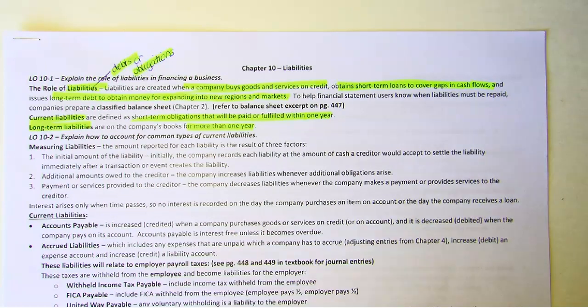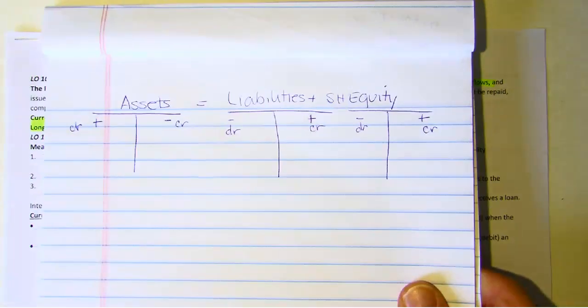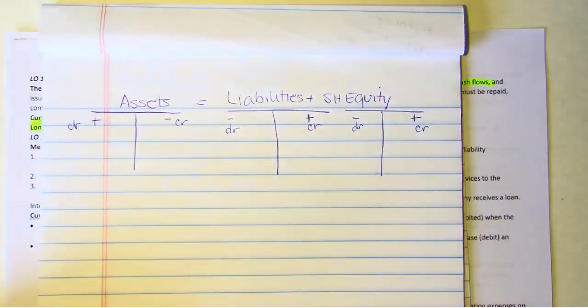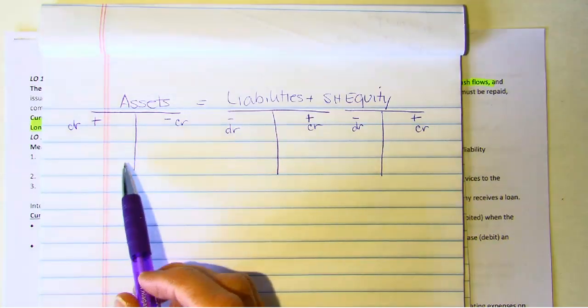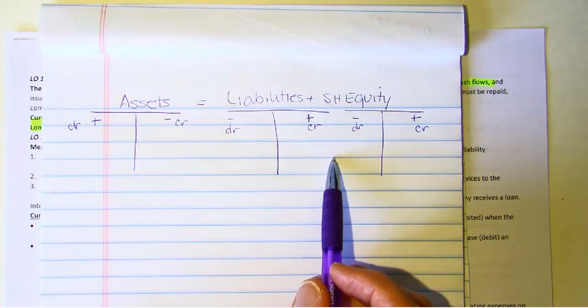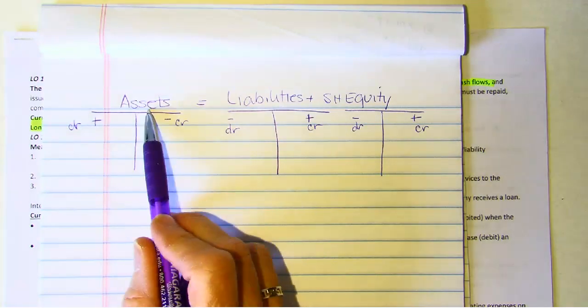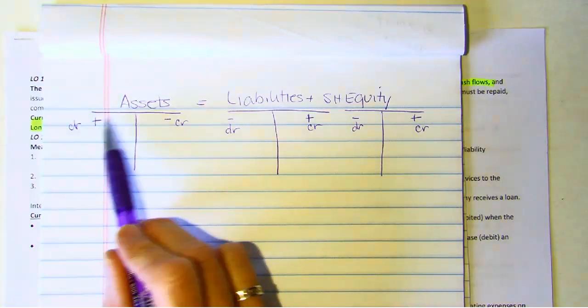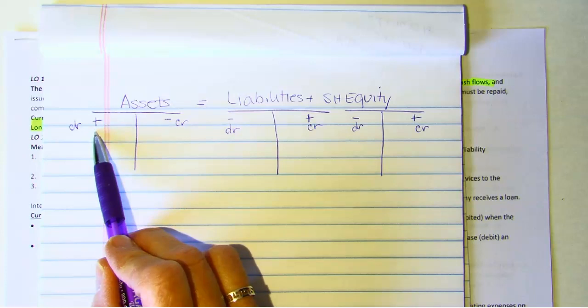Okay, so let's just review our accounting equation and how we record liabilities. The rules of debit or credit are based on the accounting equation itself. Assets are on the left side of the accounting equation, so we increase on the left or the debit side.